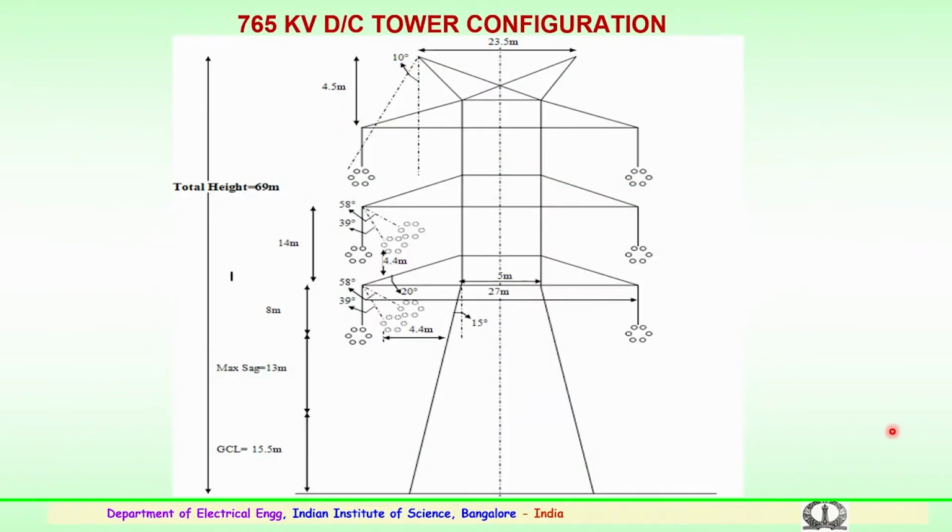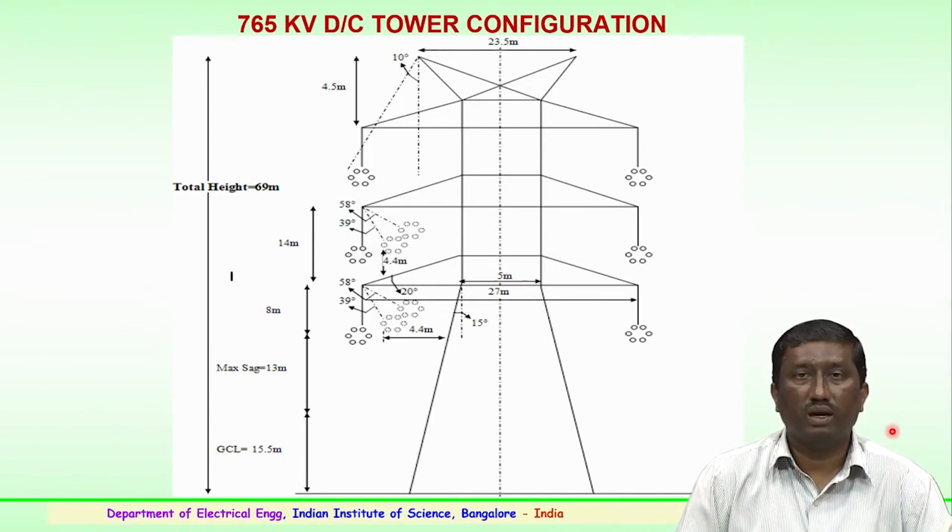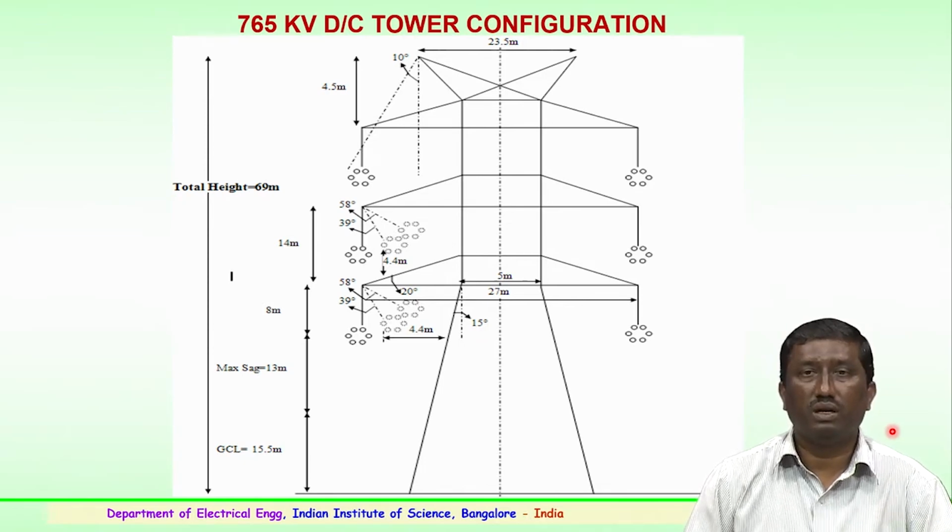So, this gives the line diagram of the tower configuration of the 765 kV DC tower which has been used.